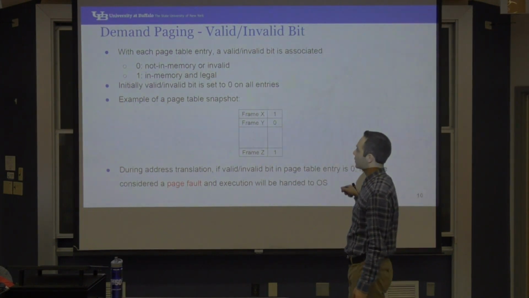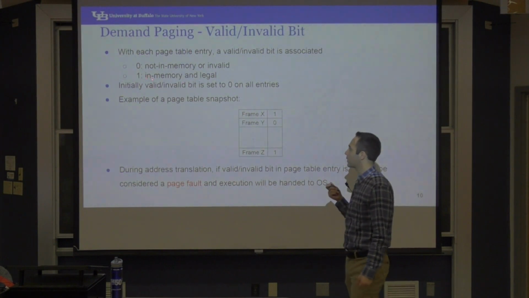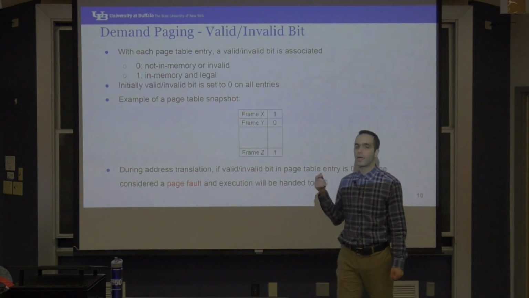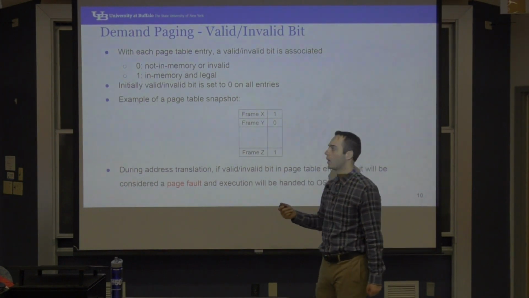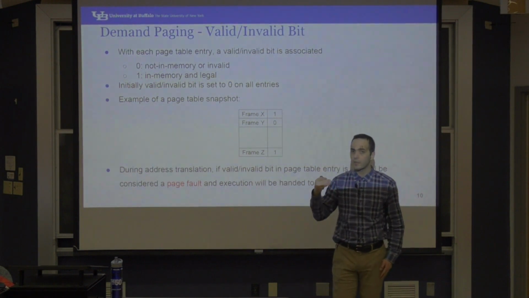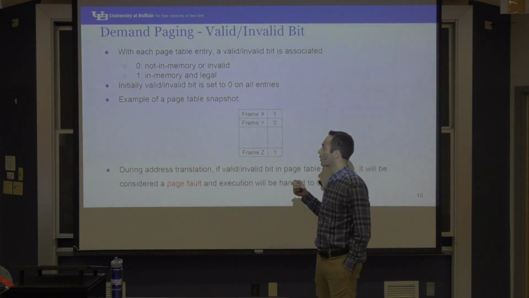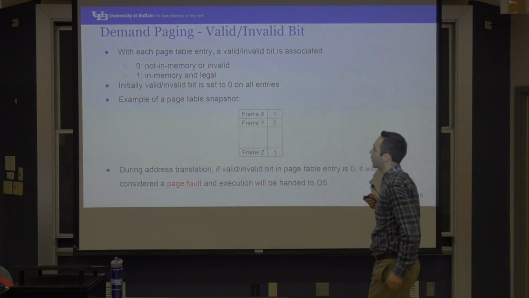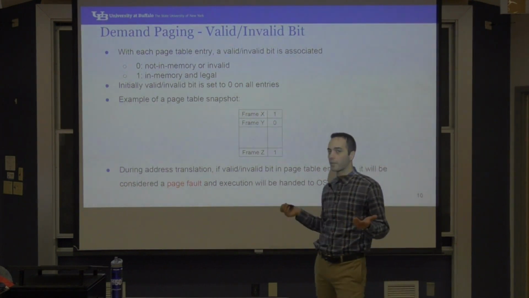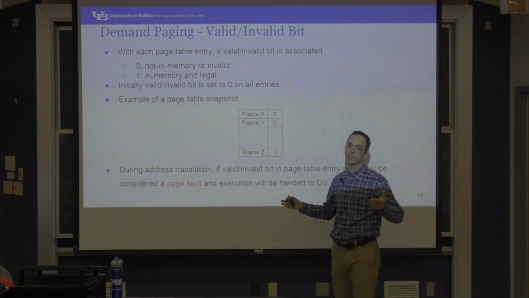So we define one bit: if it's 0, that page is not available at that frame, it's not there. And if it's 1, that page is valid and you can access that frame. Initially, we set all the pages to 0. It's demand paging, so none of the pages are available on the RAM.